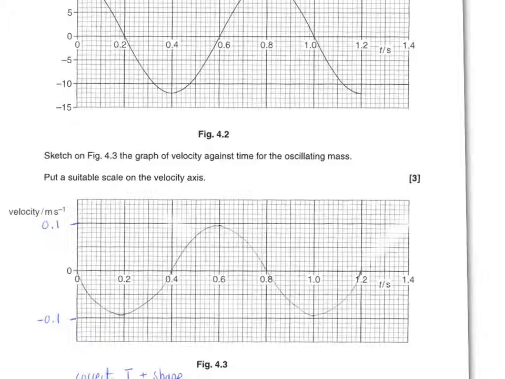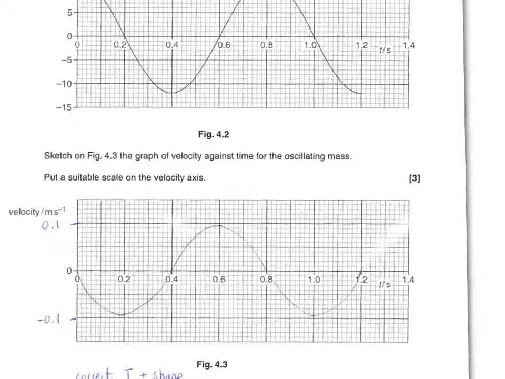It's negative and it's maximum at this point. Here the gradient is positive and maximum at a time of 0.6. And here it's negative again and of a maximum size at time equals 1. So here we have the 3 points, maximum negative, maximum positive, maximum negative that correspond.